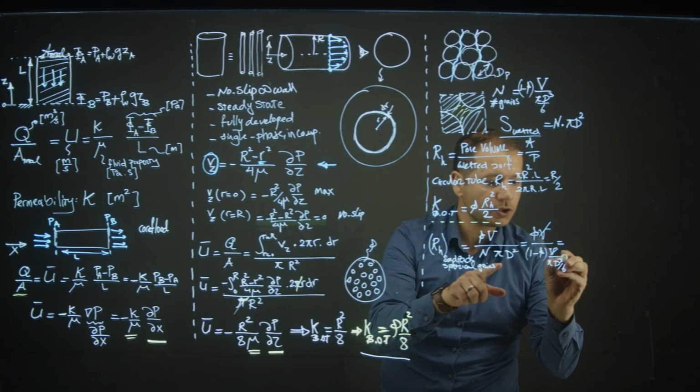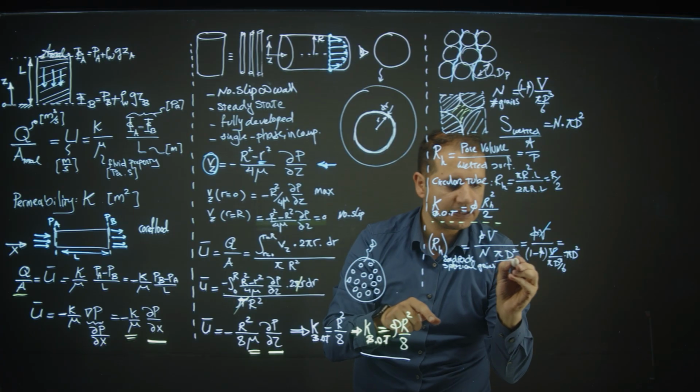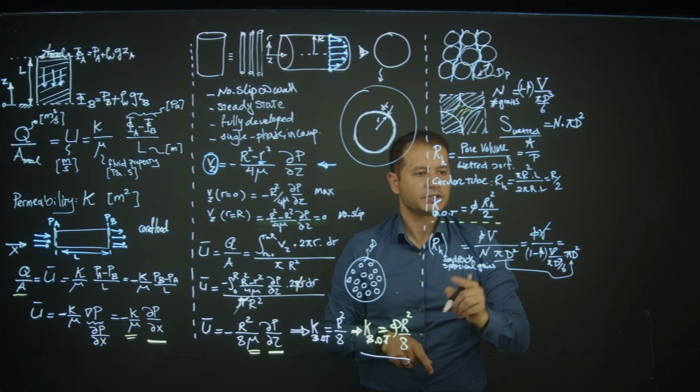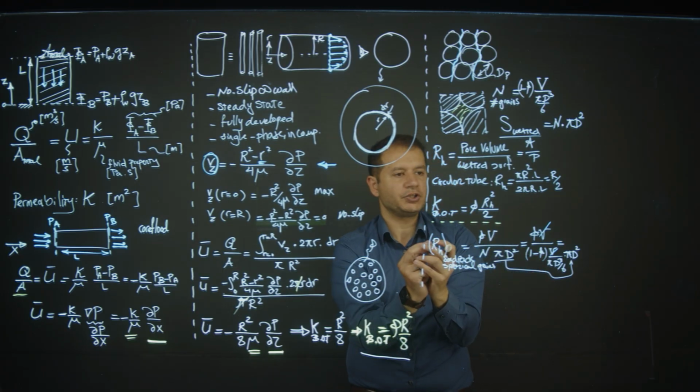I'm sorry, there is also multiplication by pi d squared because this is also here. It's N times the surface of each grain.